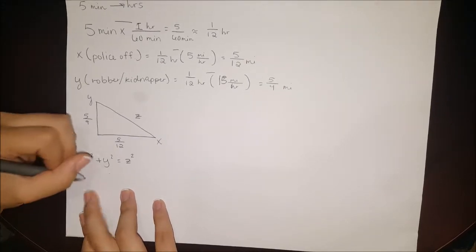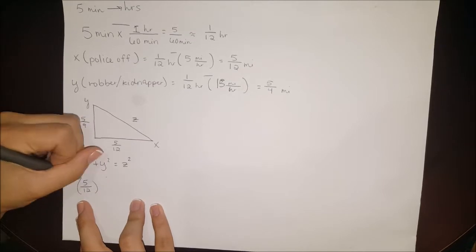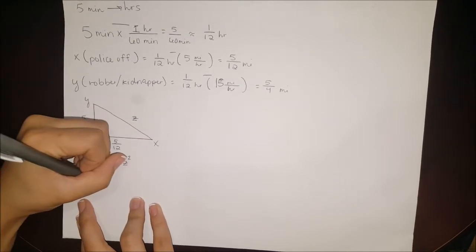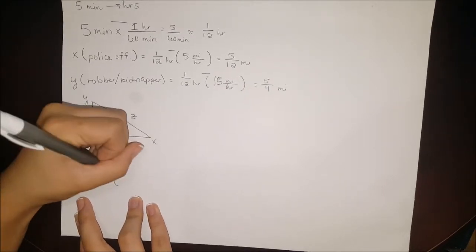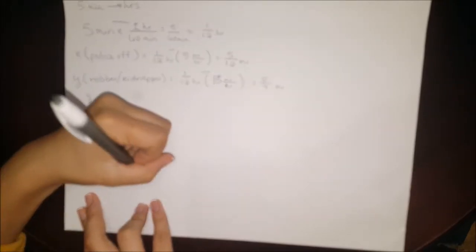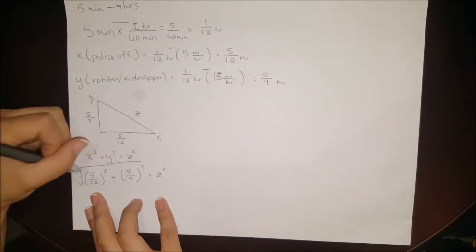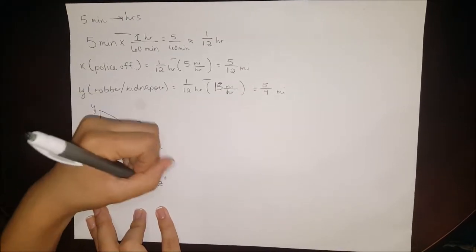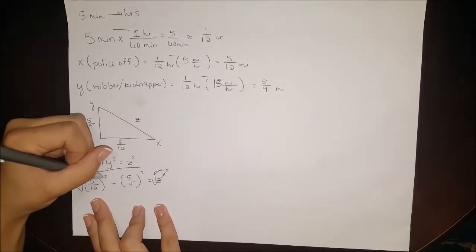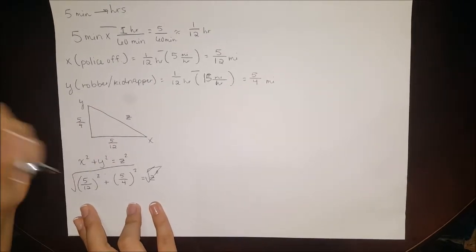So now we're going to plug in. It's going to be 5 over 12 squared plus our 5 over 4 squared, which is going to be equal to our z squared. So we're going to solve for our z. We're going to do this, and this crosses out.